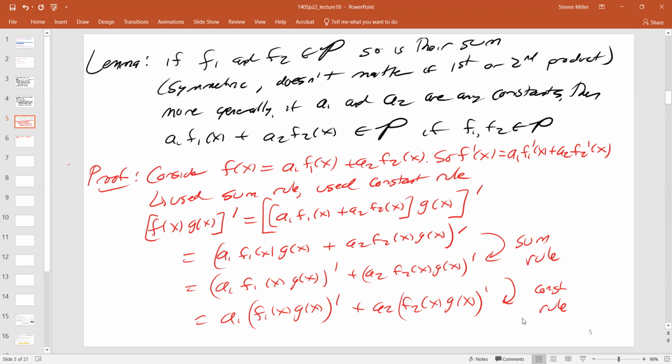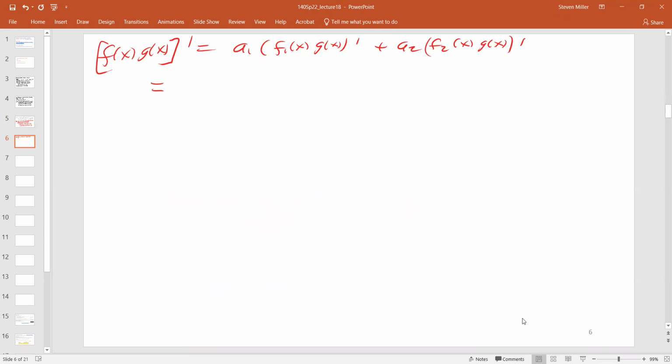So can somebody tell me what we've assumed about f1 and f2? They're in P. So P is the set of all functions such that if you take any two things in P, the derivative of the product satisfies the conjectured product rule. So what do we know since f1 is in P and g is in P? What must be true about f1 times g?